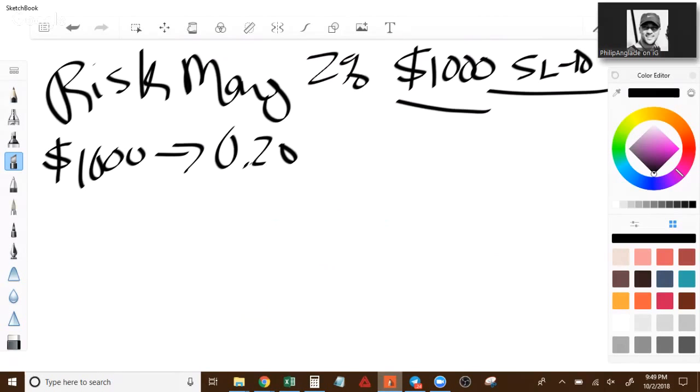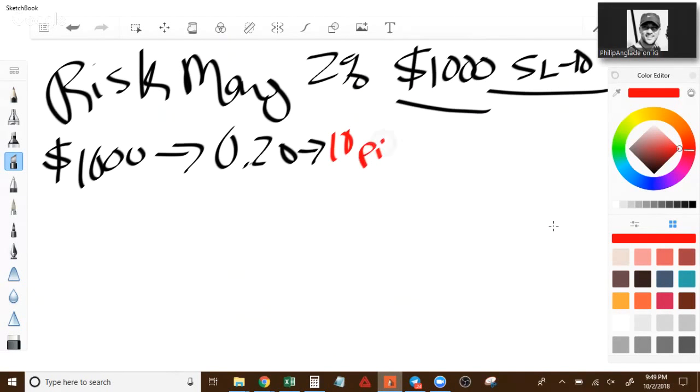Highest lot size is a 0.2. Now, why wouldn't I do anything higher than that? Because if I did a 0.2 and a trade went the wrong direction 10 pips, you're only losing $20.